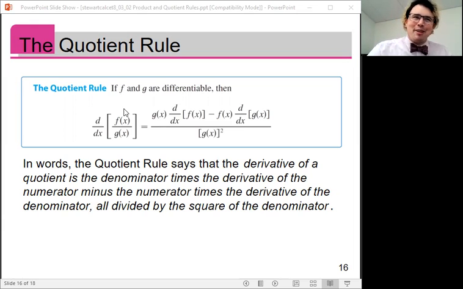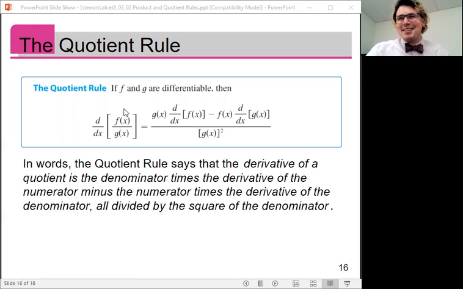Rather than call them f and g, let's say that the function on top has the name high, and the function on the bottom has the name ho. A little unconventional, but sure, we can call our functions those things. Then the derivative of high on ho is this. Take ho-d high minus high-d ho, square the bottom, and away you go.